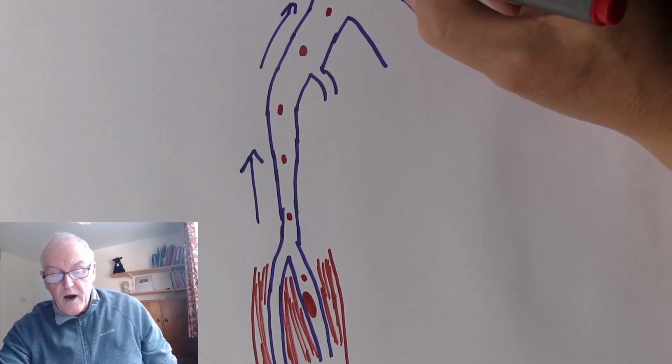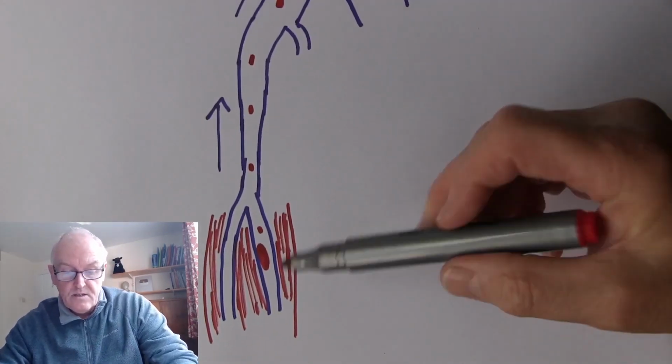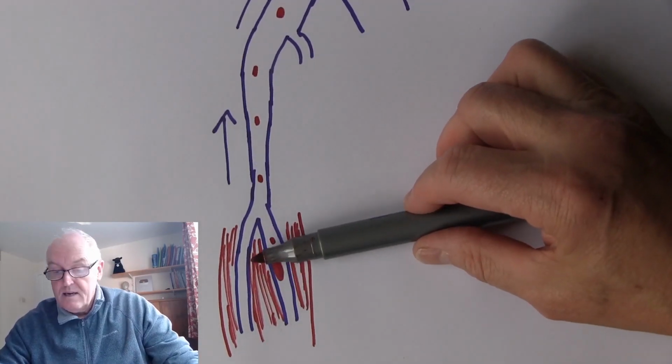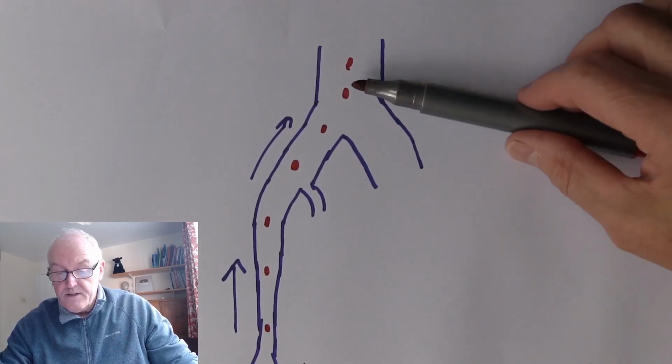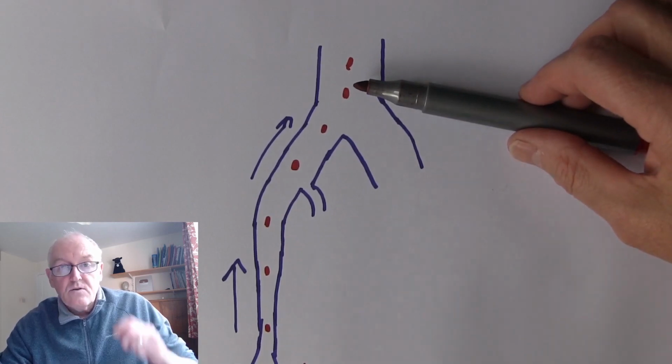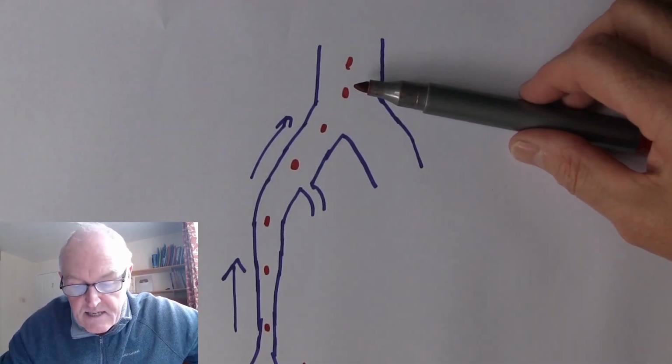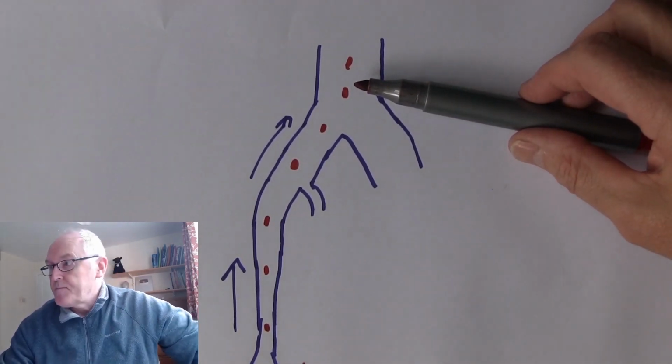Because it's getting wider all the way, there's nothing to stop it. It's not going to lodge in a vessel there, because as we go up, everything's getting wider. So the emboli can pass easily through that area.